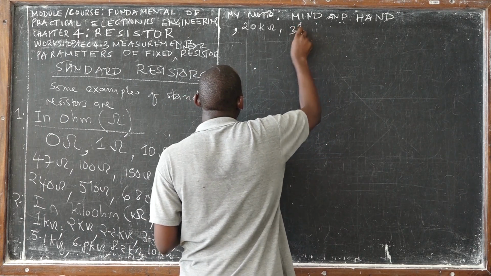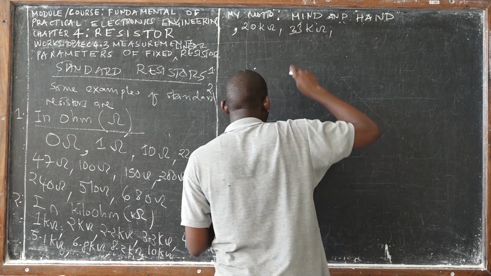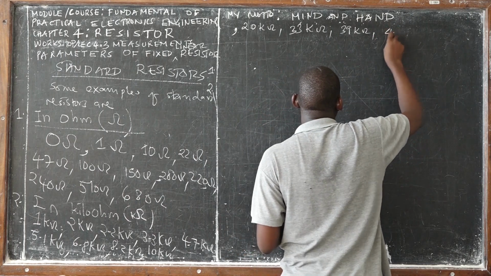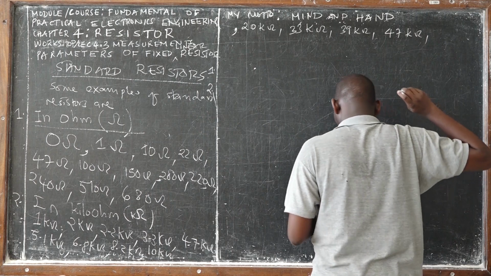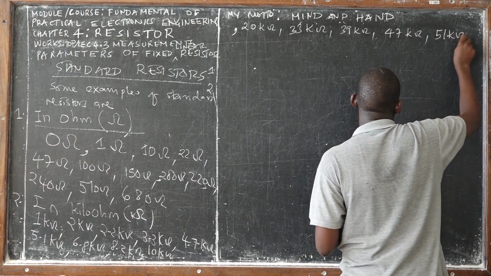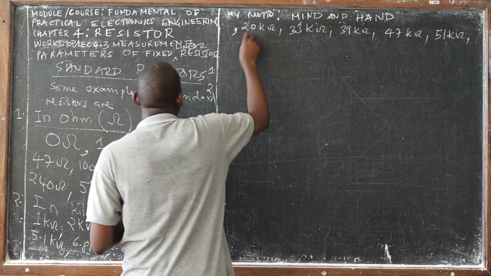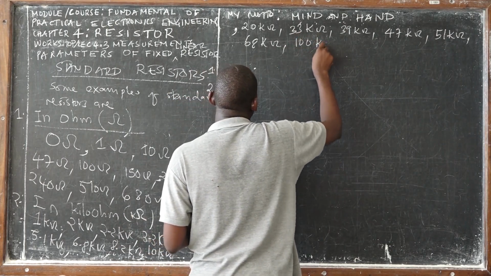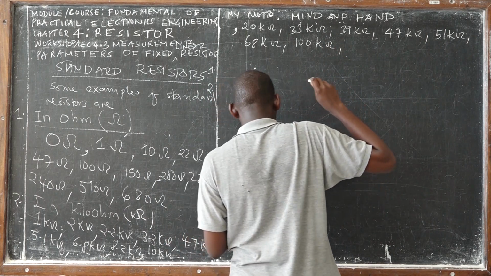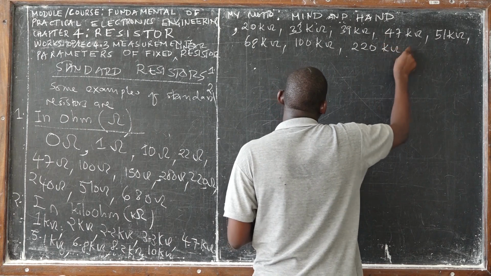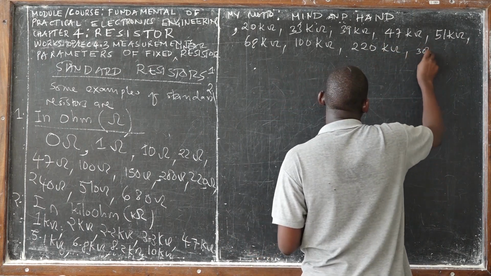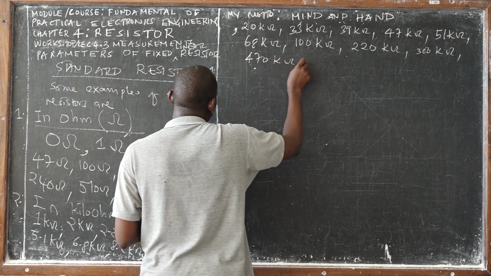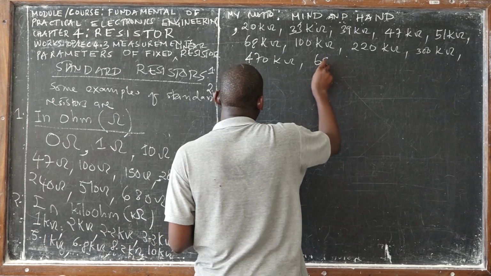Then you have 33 kilo ohm, 39 kilo ohm, 47 kilo ohm, 51 kilo ohm, 68 kilo ohm, 100 kilo ohm, 220 kilo ohm, 300 kilo ohm, 470 kilo ohm, and 680 kilo ohm.